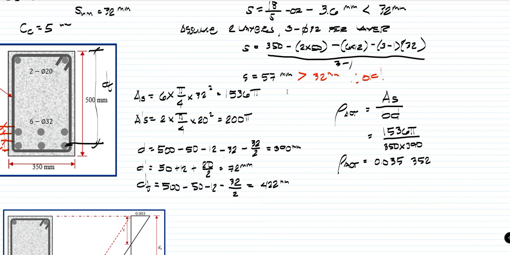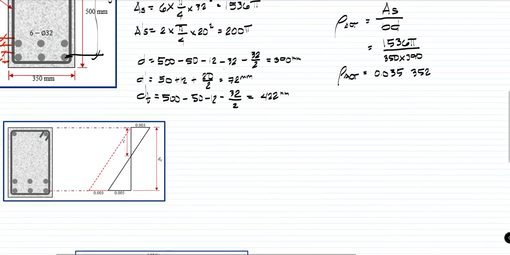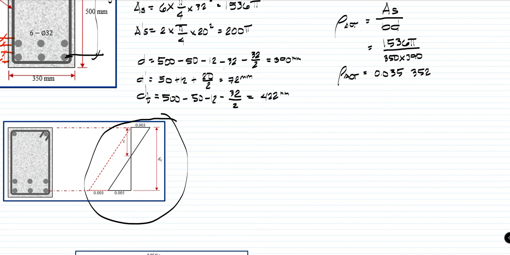Then we need to compare this to the maximum steel ratio of a singly reinforced beam. The rho max is derived using this equation or using this strain diagram, assuming this side is 0.005, or the net tensile strain is 0.005. In this problem, I will not derive it, because in some parts of the other videos, I will derive it.